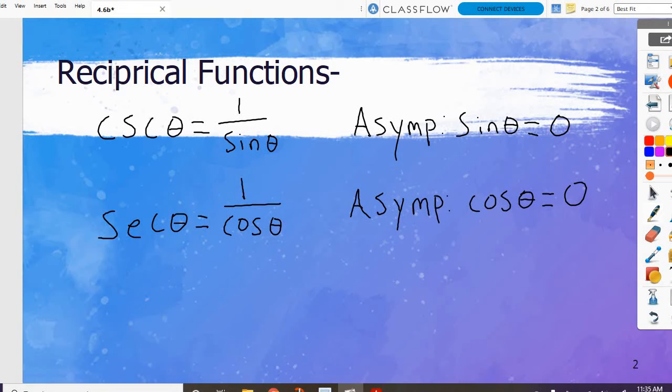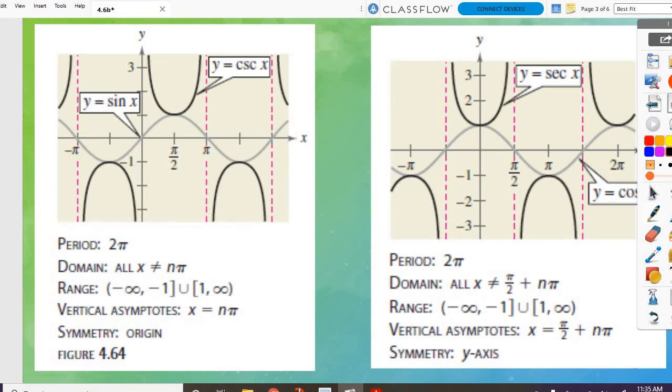Does that kind of make sense? Okay. And then because they're so closely related to our sine and cosine, the period of both of these graphs is going to be 2 pi, just like they were with our other ones. So this is kind of what they look like.